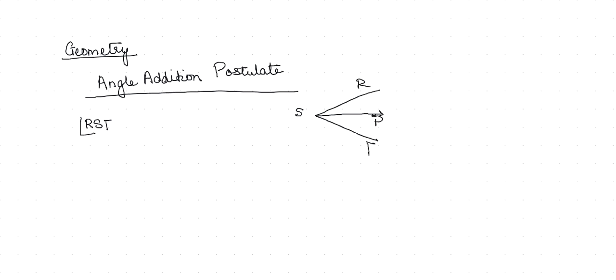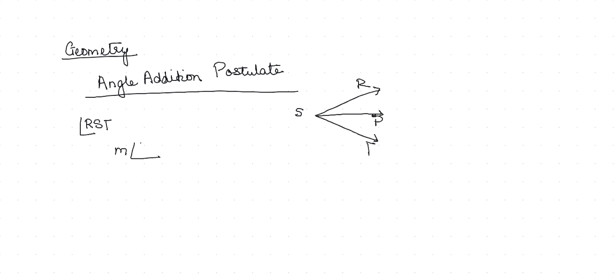So if P is inside RST, then the measure of RST is equal to the sum of the measures of RSP and PST. When we put M, it means measure.